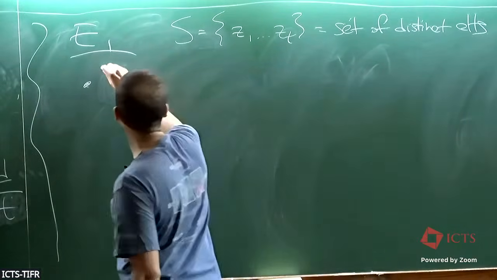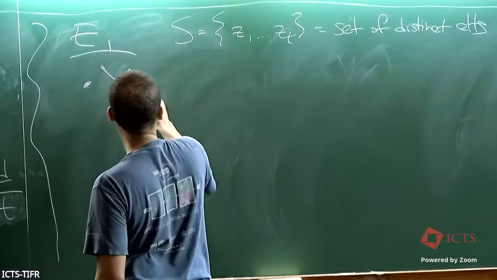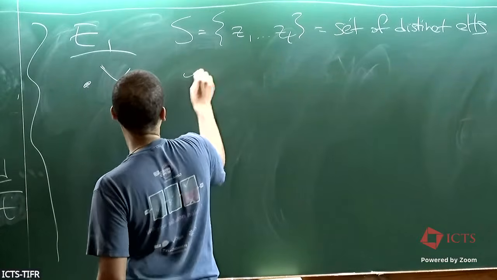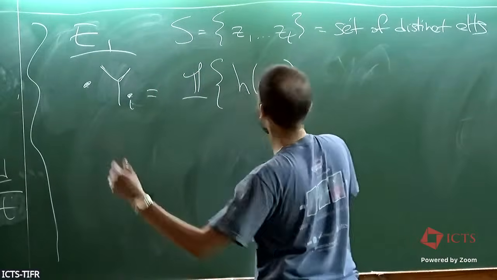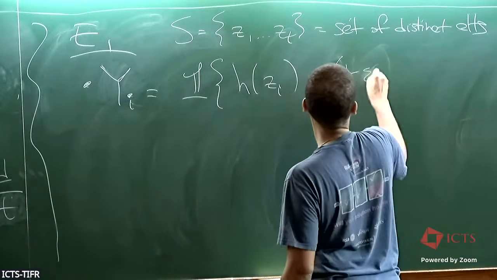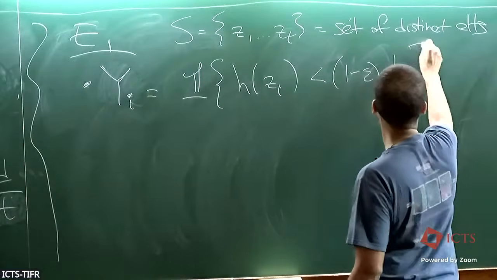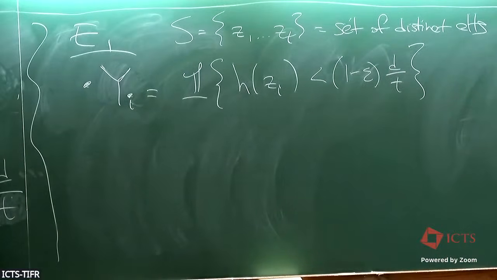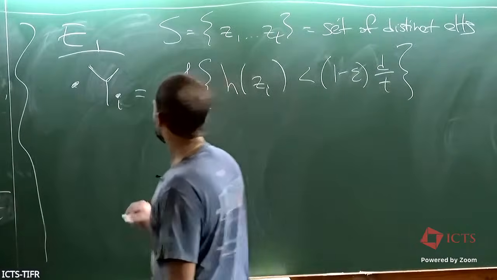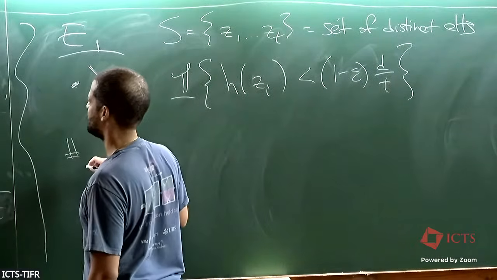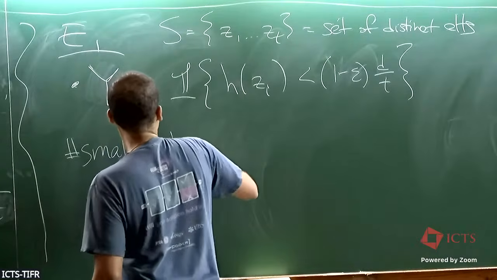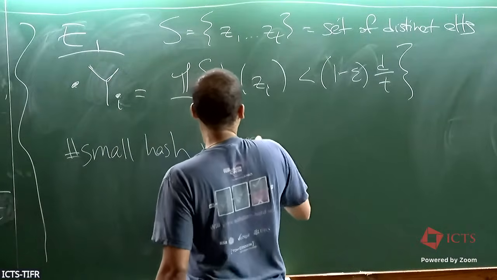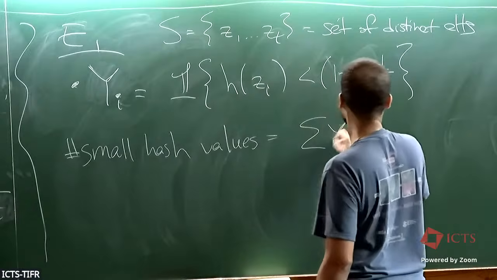And then yi is an indicator random variable for the event that h of zi is small, less than (1 minus epsilon) d over t. Okay, so the number of small hash values is equal to the sum of yi, i goes from 1 to t.